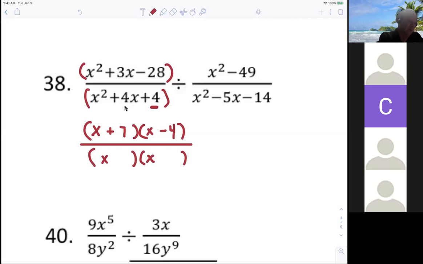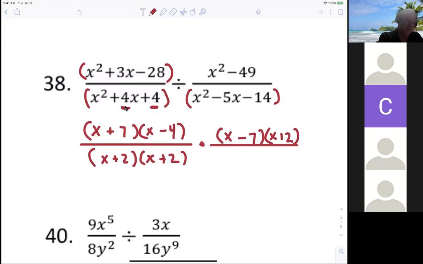Factors of 4 that make 4, positive 2, and positive 2. Times, now this one is in the numerator because that's doing the reciprocal. 2 sets of parentheses, x, x, 7, 2, minus 7, positive 2.